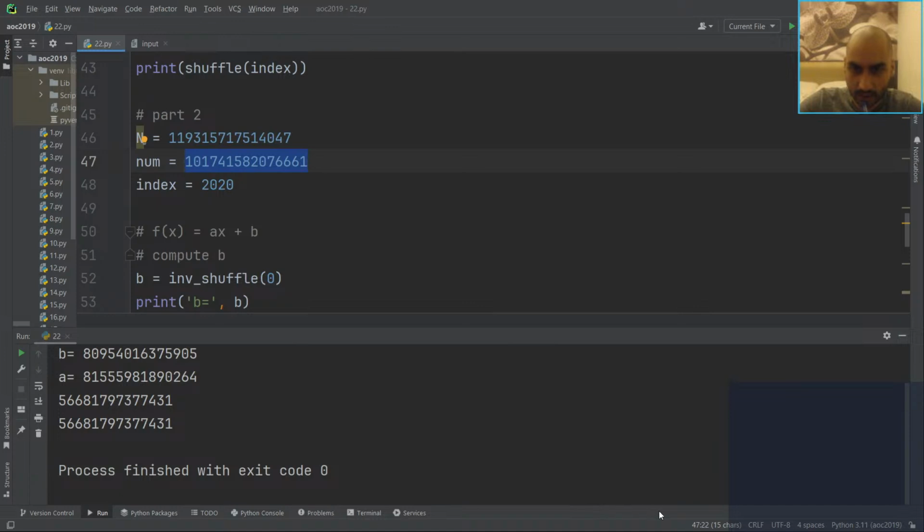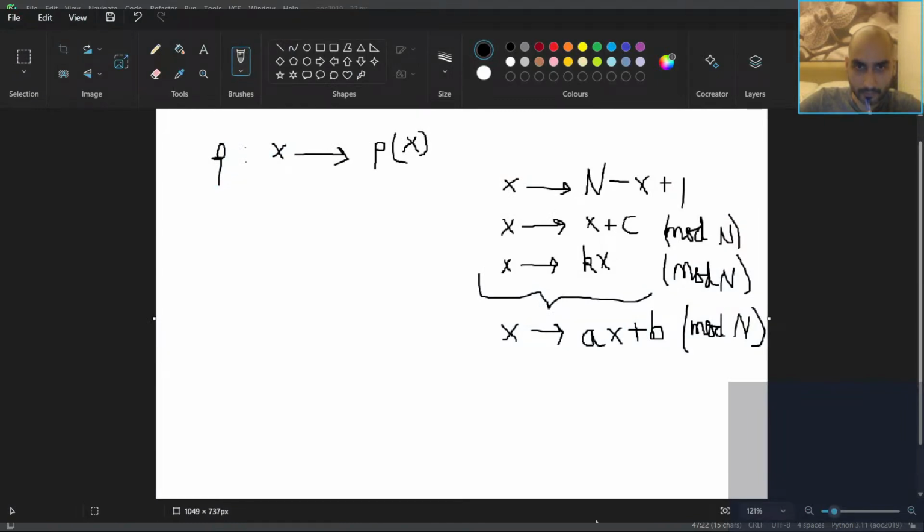Let me bring the paint out again. So, if you apply the function once, it's going to be AX plus B. If you apply the function twice, you'd have to multiply out this, so you'd get A squared X plus AB plus B. I'm just looking at the pattern here.